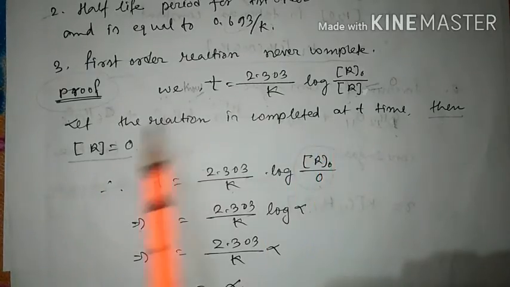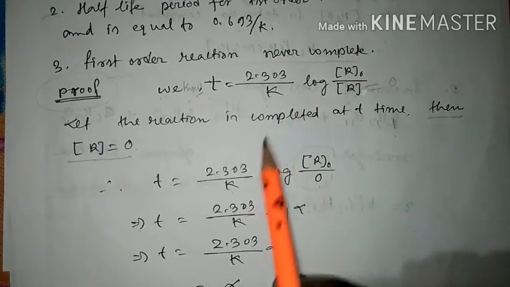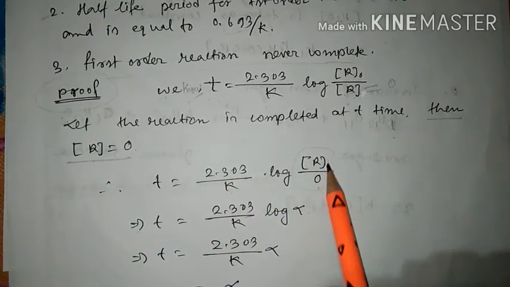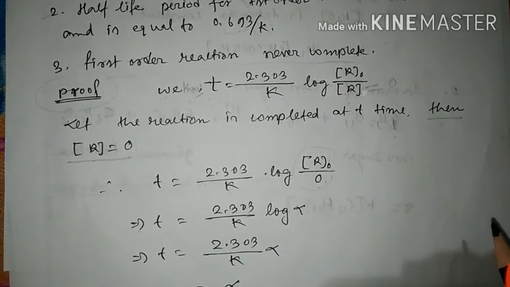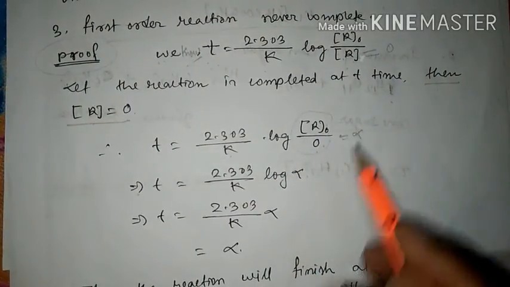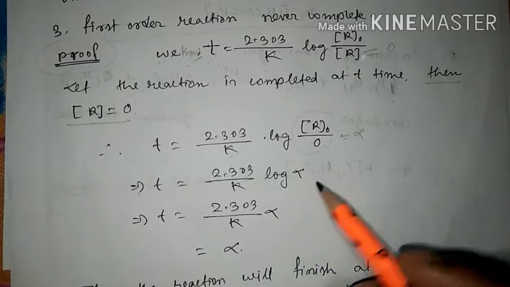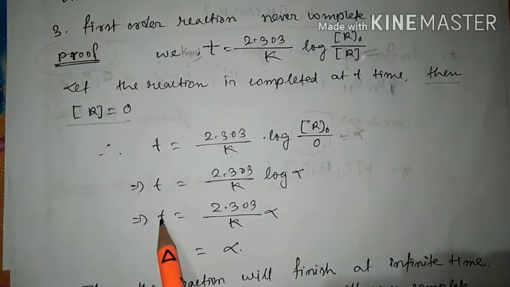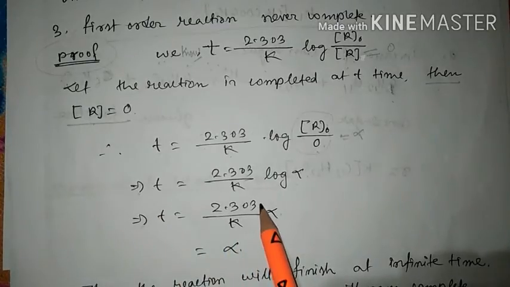Now if we put concentration 0 in this equation, we get t equal to 2.303 by k log of concentration of R naught by 0, and anything divided by 0 is infinity. So this term becomes log of infinity, which is nothing but another infinity. So t equals 2.303 into infinity divided by k, and k is also a constant.